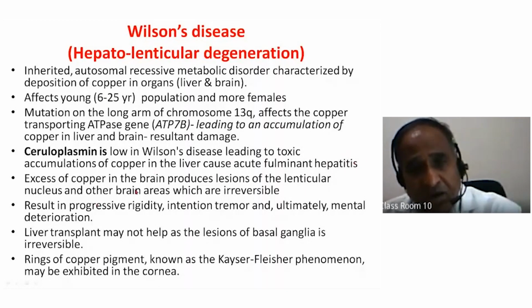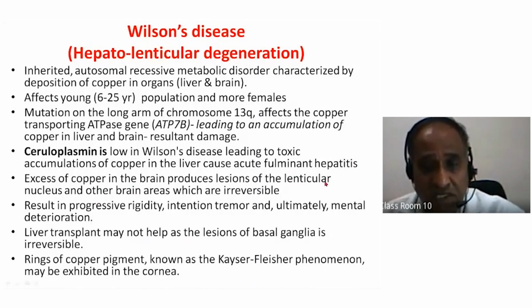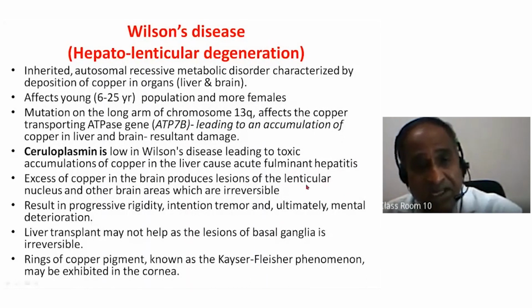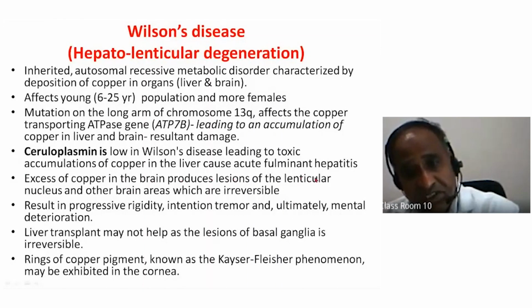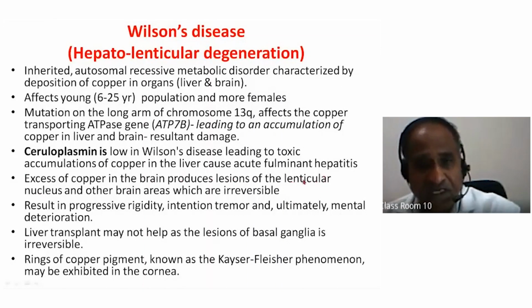Now, this copper also accumulates in the putamen, especially the lenticular nucleus. That means the putamen and globus pallidus. The lenticular nucleus is the putamen and globus pallidus. The excess of copper in the brain produces lesions in the lenticular nucleus and other brain areas.